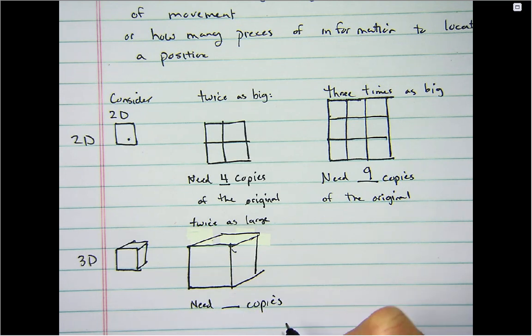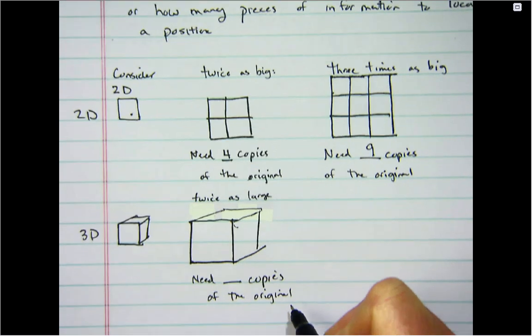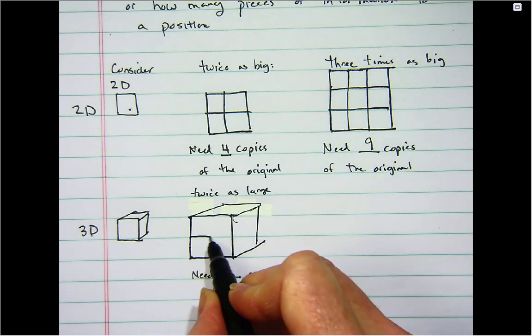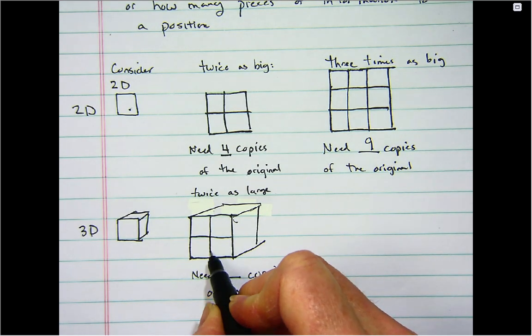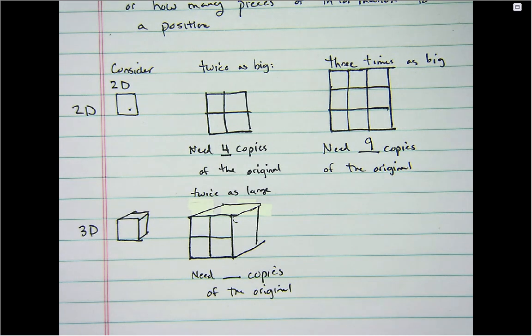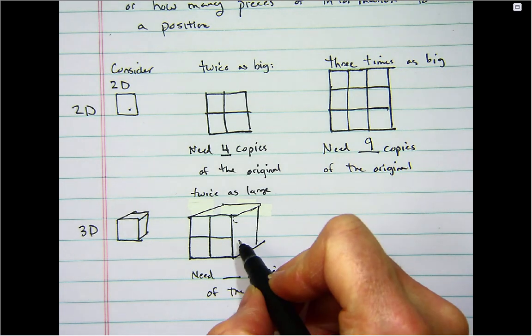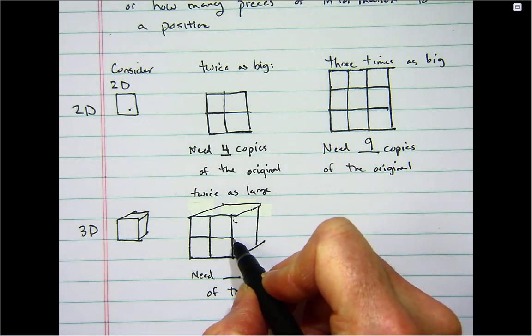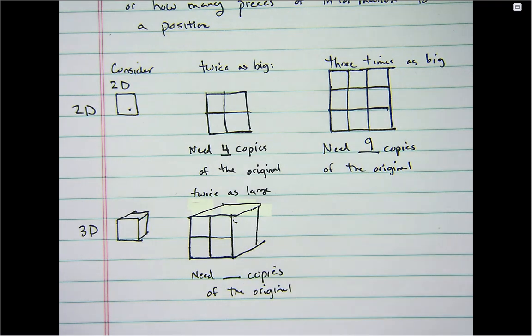How many copies do we need of the original? Let's look on the face. Okay, so we did that with the square. We put the 4. So if I just put 4 cubes stacked up, will that be right? No. Why isn't that right?